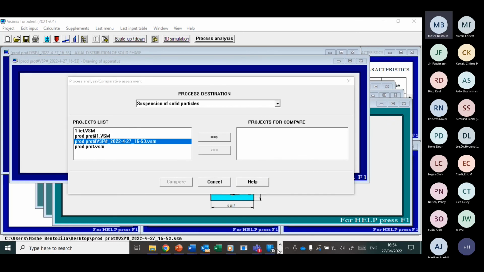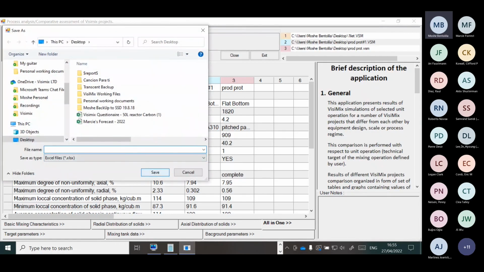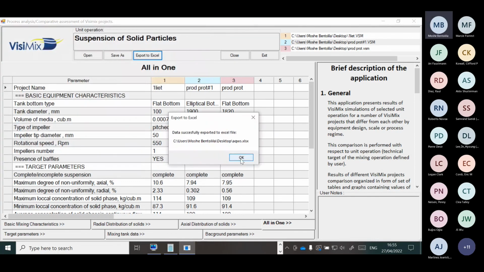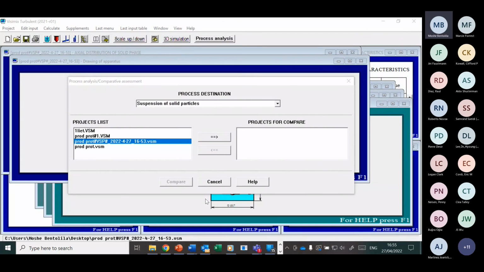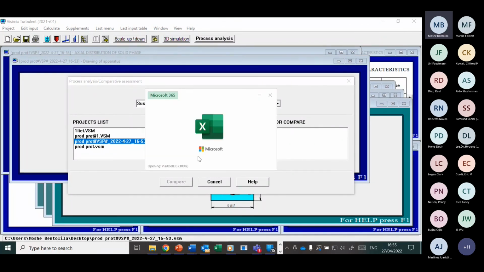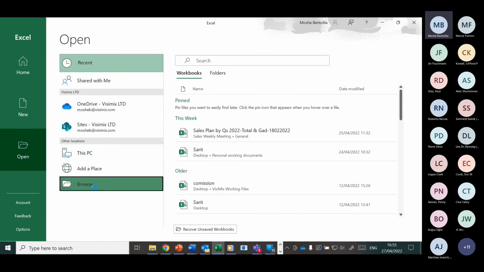The last point that I maybe didn't share with you is that it is able, of course, to go to Excel. If you give some name in Excel, we are, of course, able to open it in Excel. And of course, we have another kind of way to transfer data, but this is one of the ways.